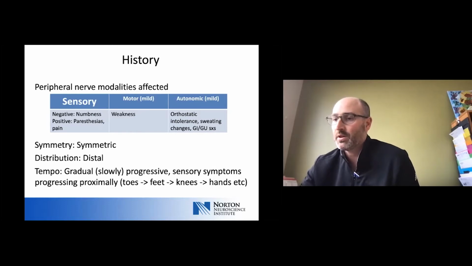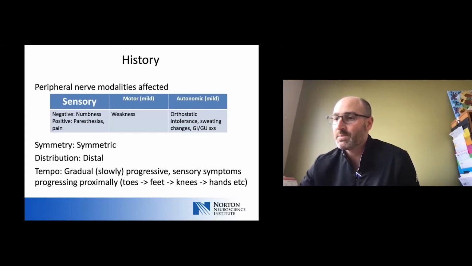There's sensory nerves, there's motor nerves, and then there's nerves supplying the autonomic nervous system. So in our typical distal symmetric polyneuropathies, you could certainly see autonomic complaints like orthostatic intolerance, sweating changes, GI and GU complaints, in addition to some motor complaints, though these tend to be secondary complaints.